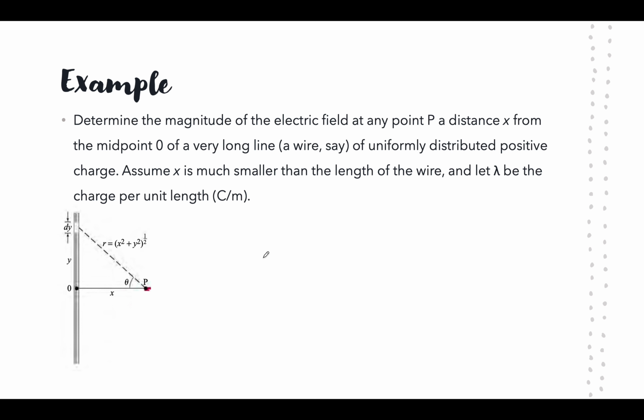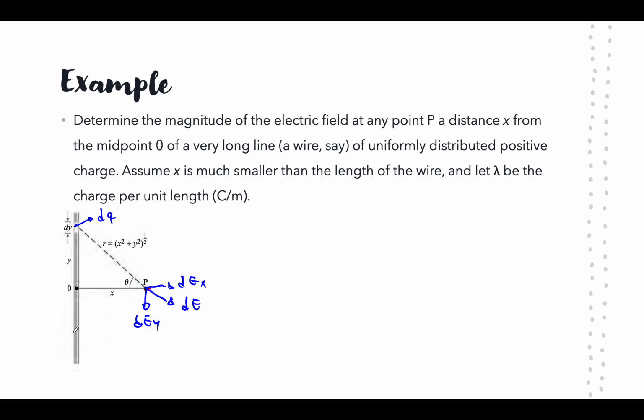All right, so let's look at this problem the same way that we looked at the other problem. Here we're going to take our wire and split it up into little pieces, dy, and this dy is going to have a charge differential dq. This charge differential is going to create an electric field differential, which will have a horizontal component and a vertical component.